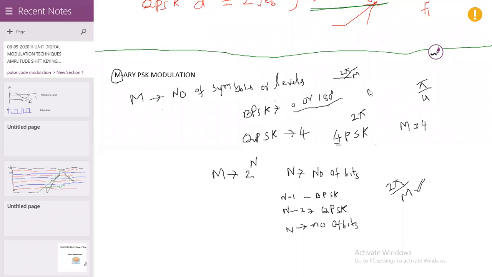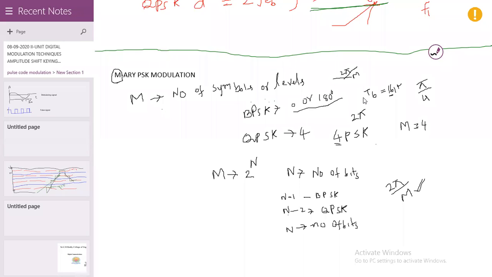In BPSK, TB is equal to only 1 bit duration, because a symbol consists of only 1 bit. TB indicates 1 bit duration.